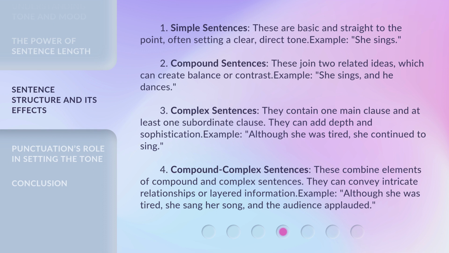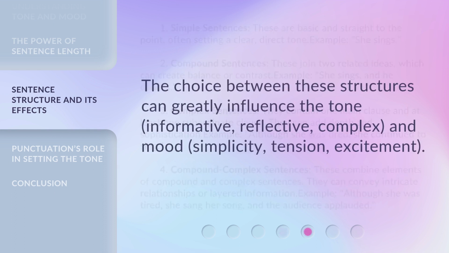They can convey intricate relationships or layered information. Example: Although she was tired, she sang her song, and the audience applauded. The choice between these structures can greatly influence the tone (informative, reflective, complex) and mood (simplicity, tension, excitement).